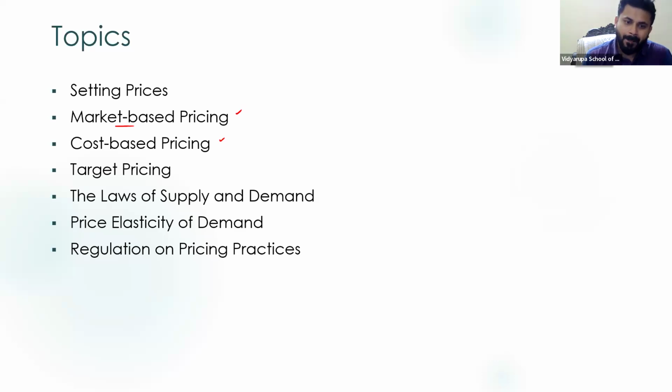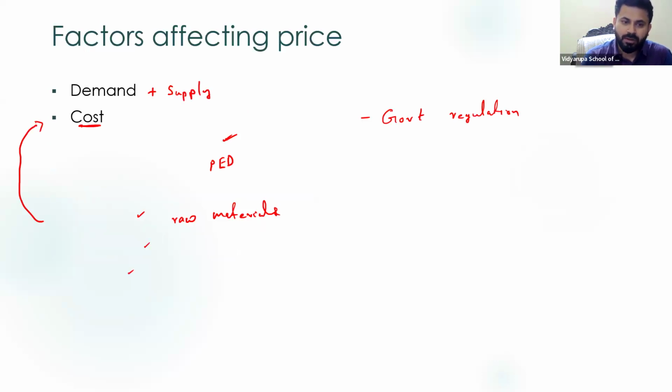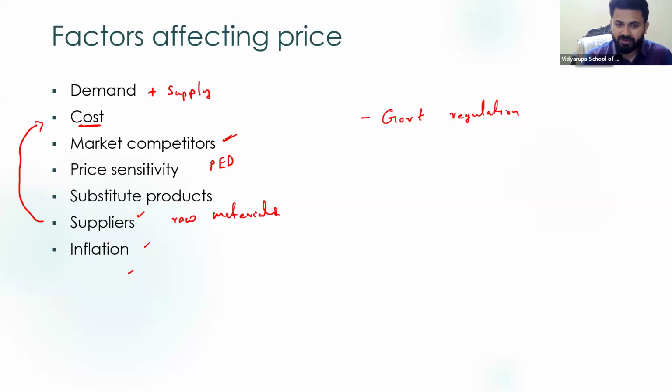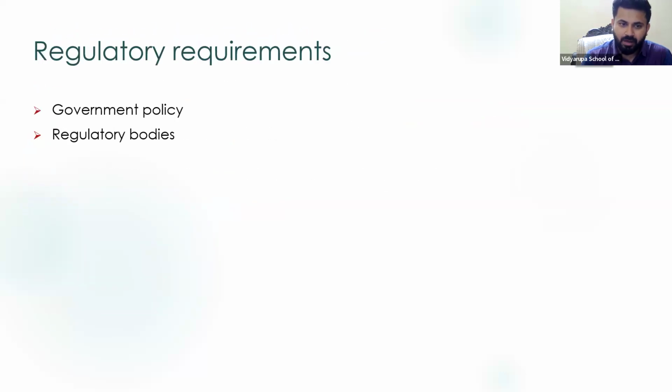So there are elements of market in there already. We'll talk about the other aspects like supply and demand, definitely. But first, we'll talk about the market competition, market situation. That will be the next area we'll talk about.